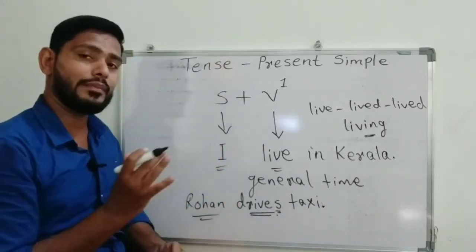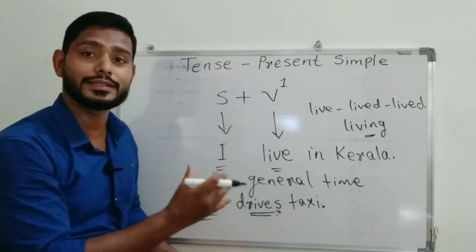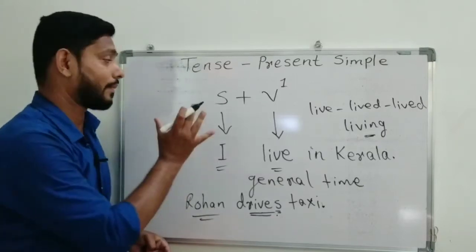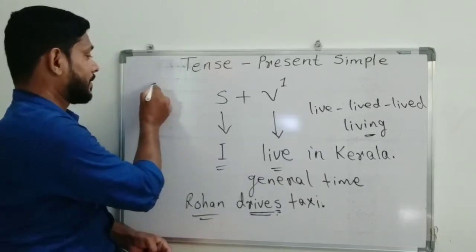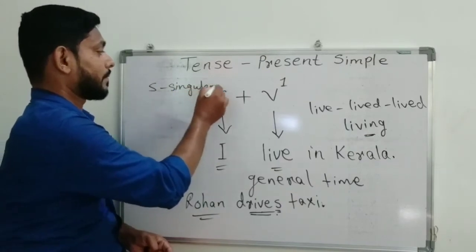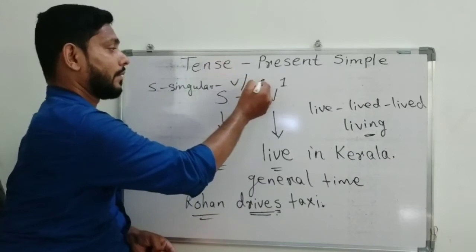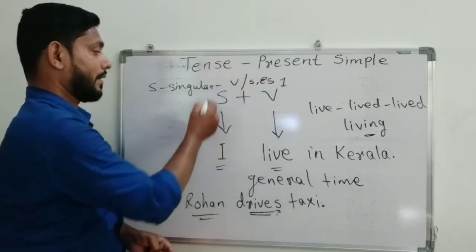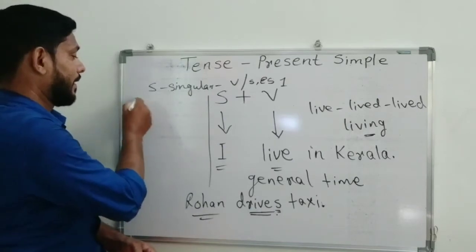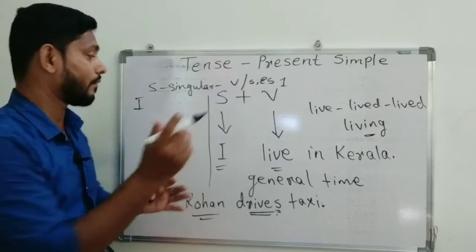Okay, so I will make this concept clear: why a verb ending with s or es is commonly used. Remember and listen here very properly. Subject, if it is singular, then we use verb plus s or es. Let's make this concept very clear. Let's take one other verb: work.